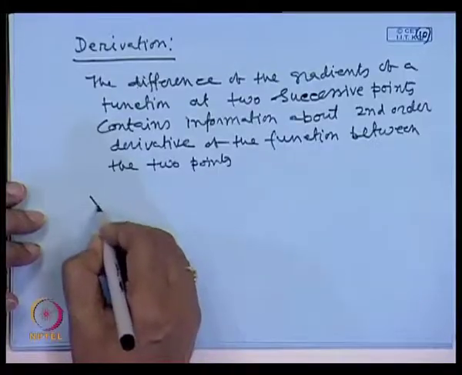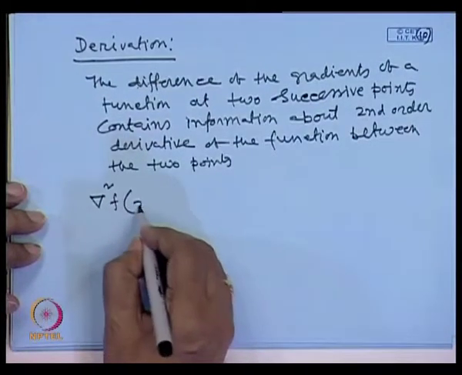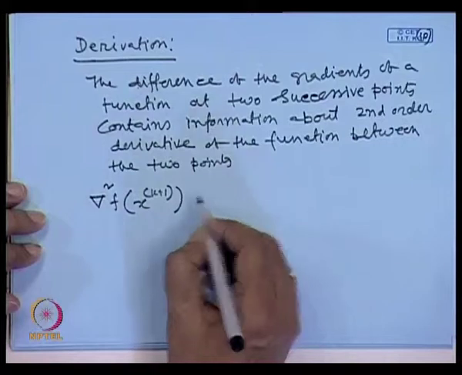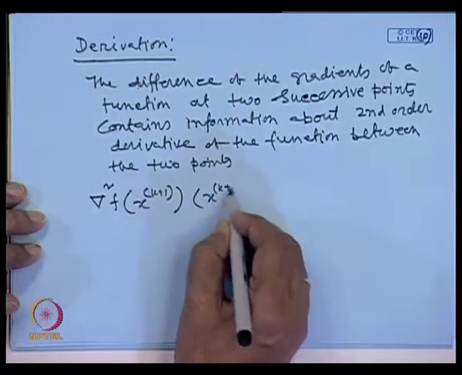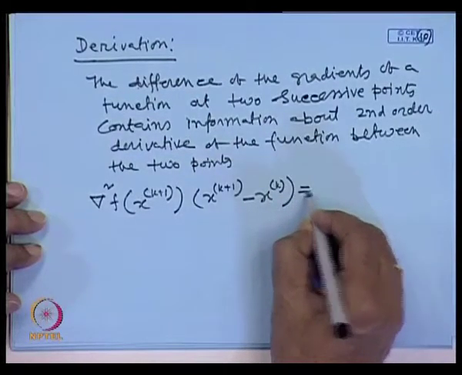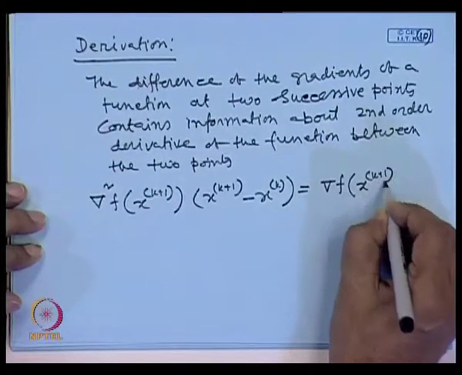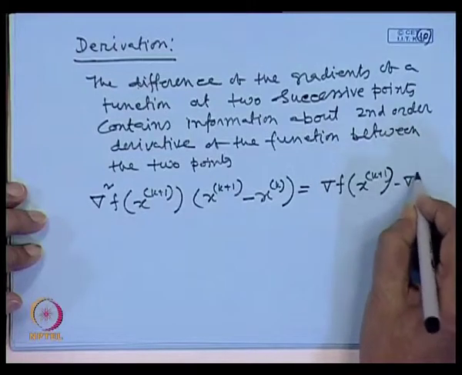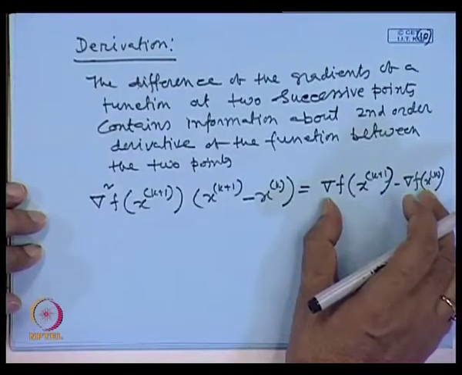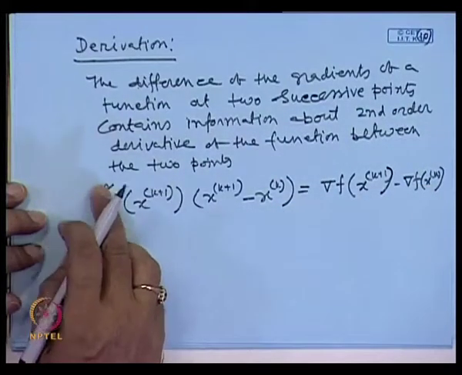So, we can write it for n-variable functions: the second derivative, the Hessian, times (x^(k+1) minus x^k), is equal to the difference in gradient at two successive points, del f of x^(k+1) minus del f of x^k. So, the difference in gradient at two successive points carries the information of the second derivative of the function.